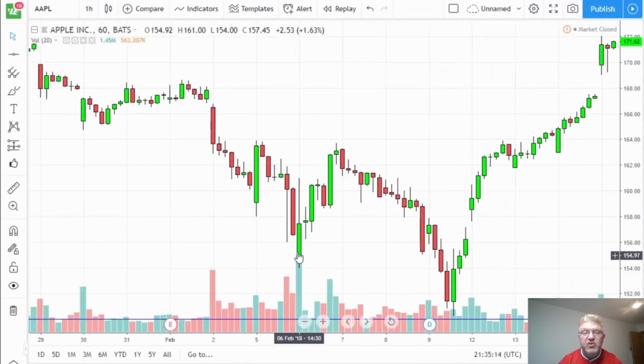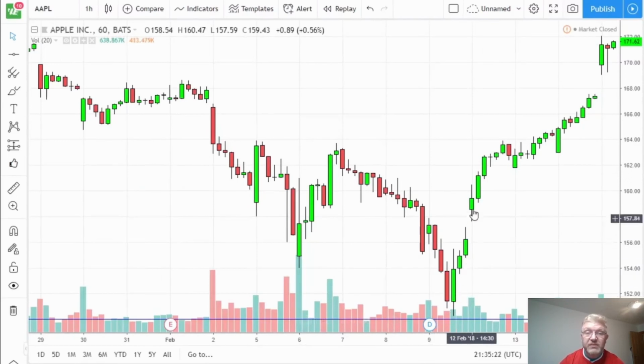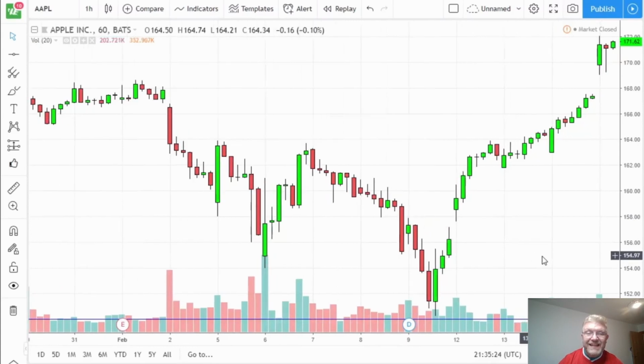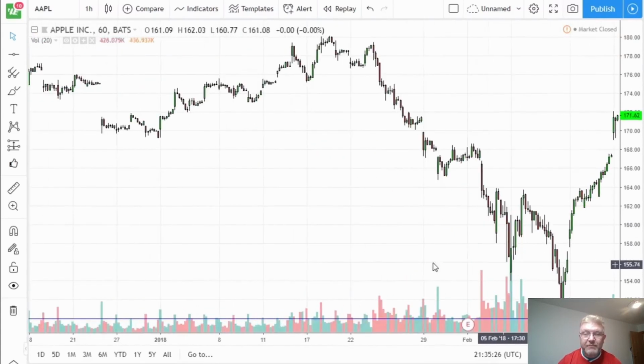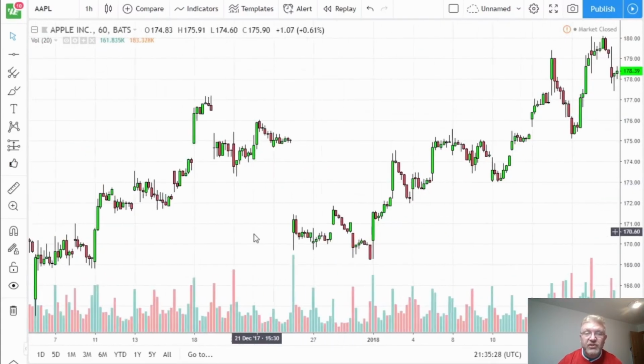Okay, so this was pretty strong volume as we got here. This was a nice reversal candle setup, and you can see the volume is picking up to the upside, and then we really peaked here, and then we hit this gap. So it's a good sign that the uptrend is going to continue.